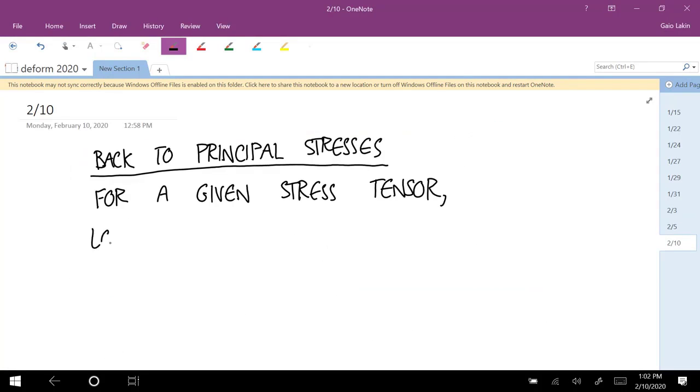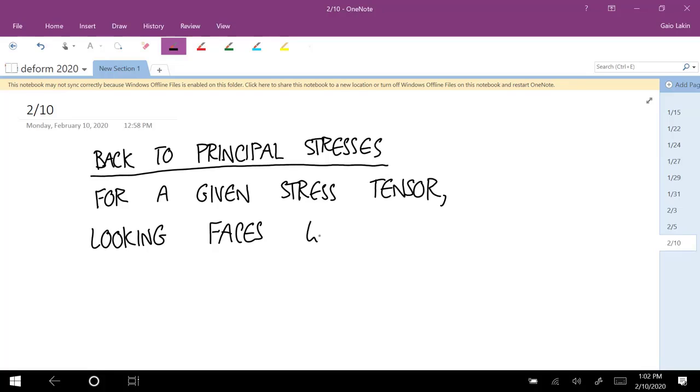We're looking for the inclined faces. Generally speaking, these are not the faces of the stress cube. These are at some kind of weird angle.